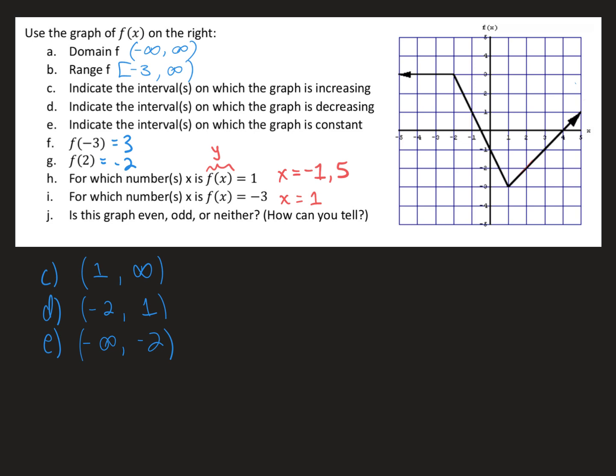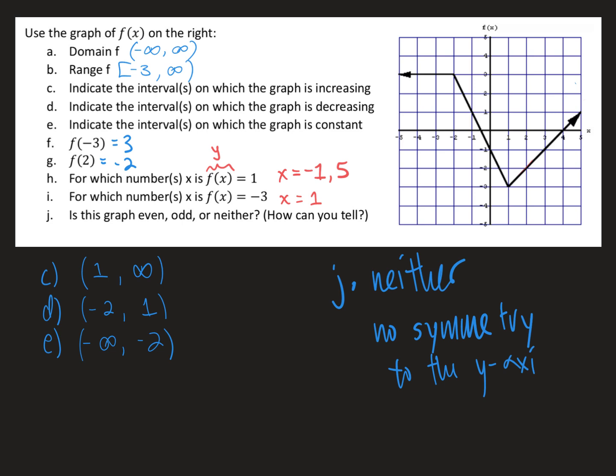So it's not odd, which means this graph is neither. It's neither even nor odd. How can you tell? No symmetry to the y-axis, that would be even, or origin, that would be odd.